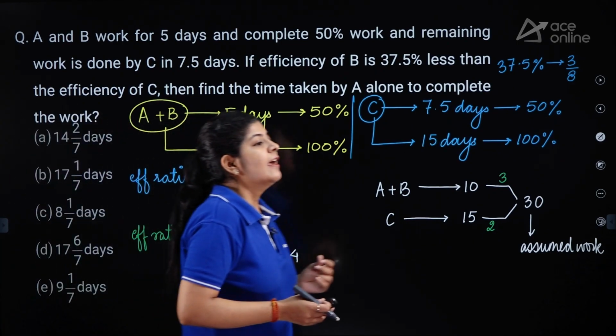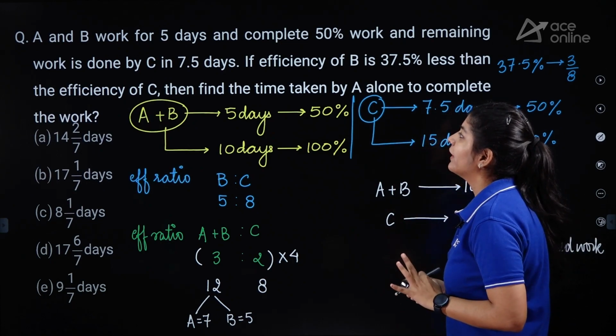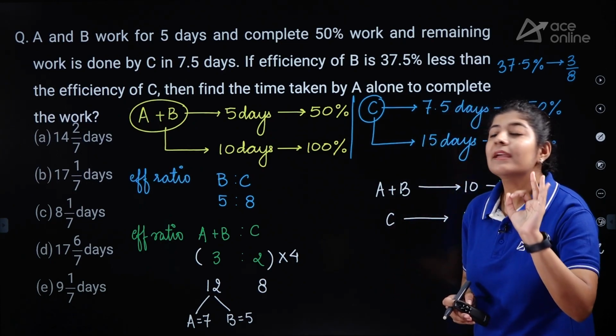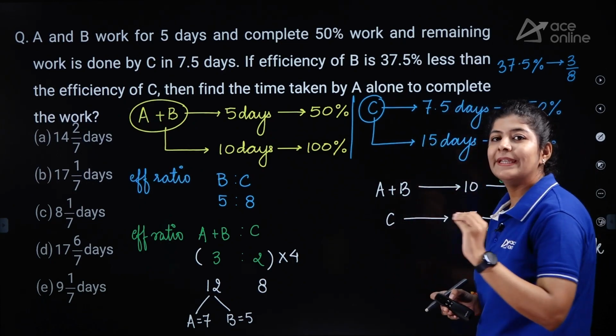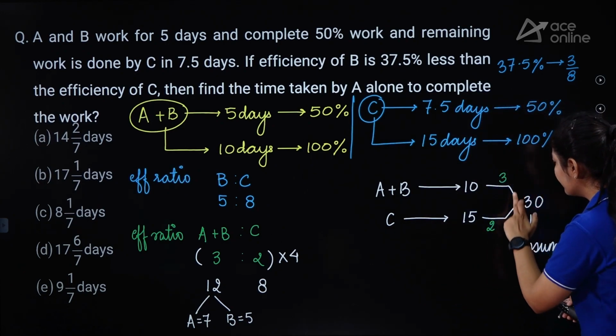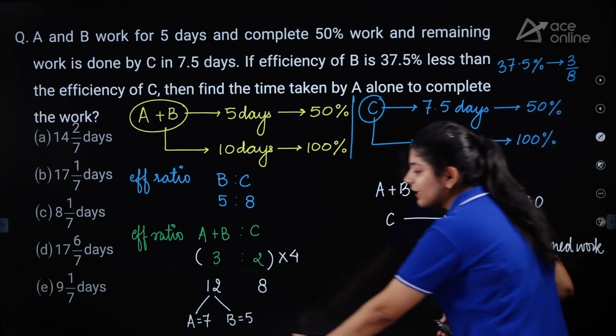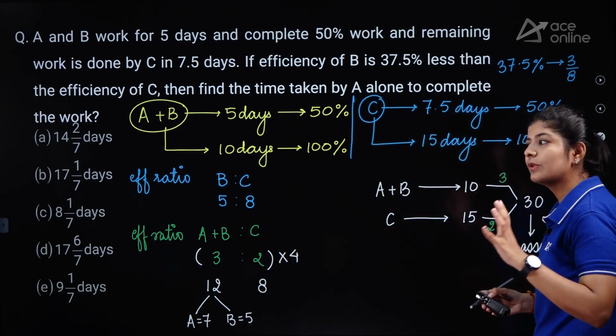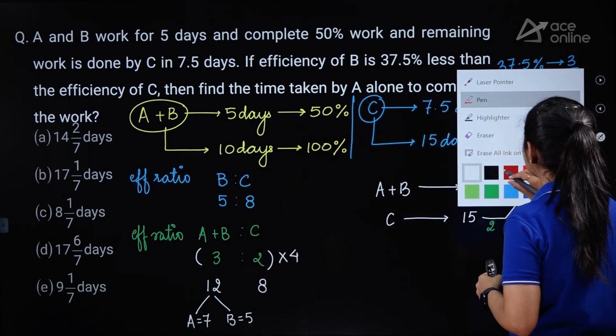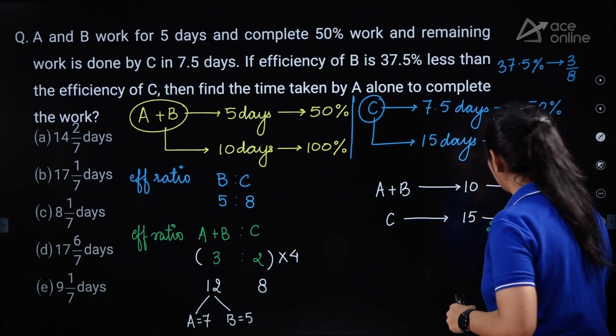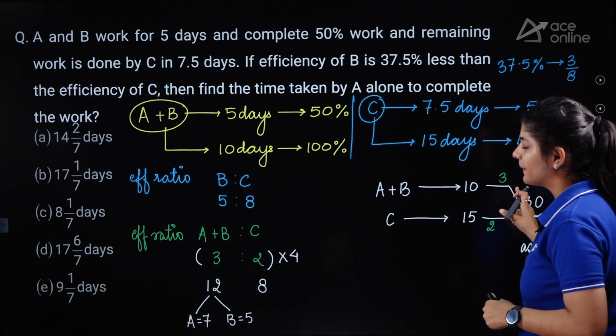Now, what do we need to find out? We need to find out the time taken by A alone to complete this specific work, with the efficiency of 7.